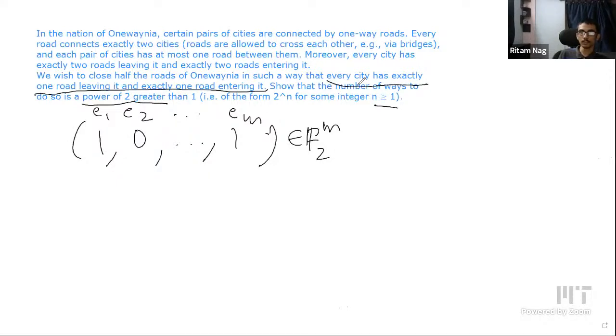So the conditions you have, okay, let me just tell you the solution. The condition you have is that every city has exactly one edge leaving it and one edge entering it, right? So originally, suppose you had a city, let's just call it C. Suppose you had EI and EJ both leaving the city.